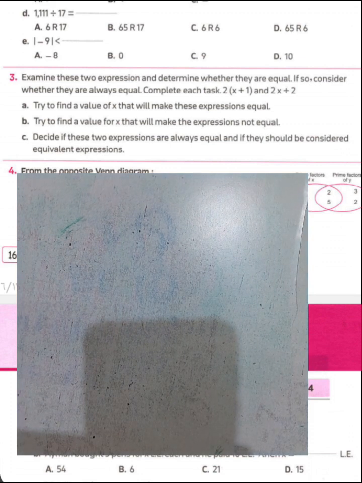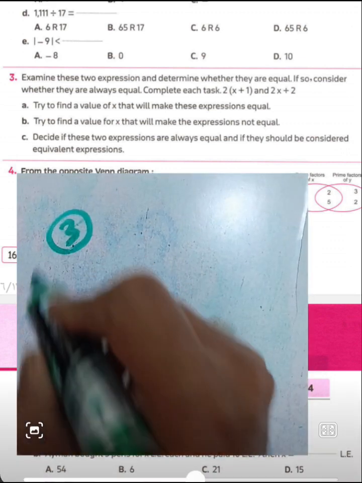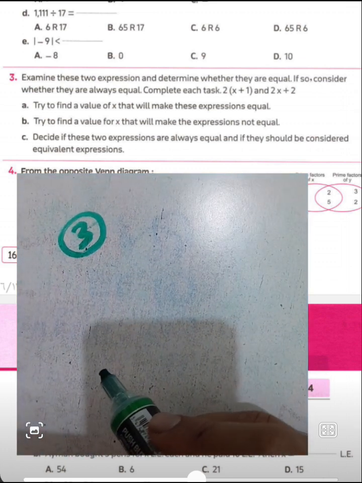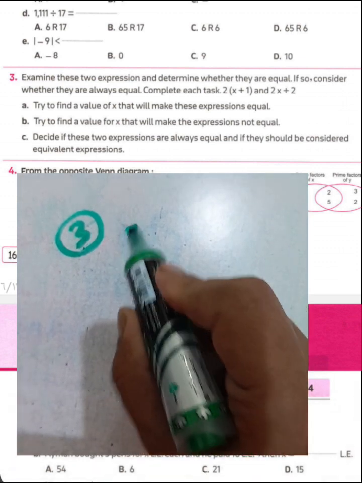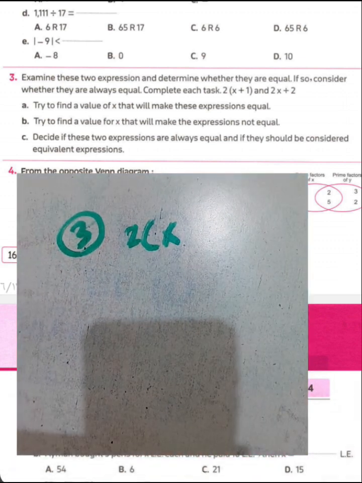Question 3. Examine these two expressions and determine whether they are equal. If so, consider whether they are always equal. Complete each task. The first expression, 2 times x plus 1 in parentheses, and the second expression, 2x plus 2. Try to find a value of x that will make this expression equal.